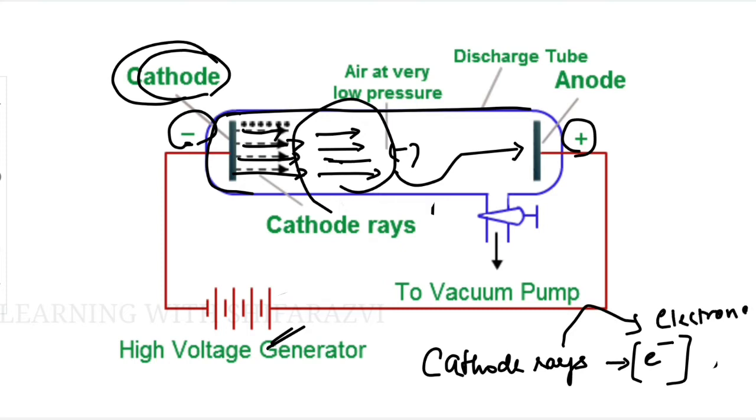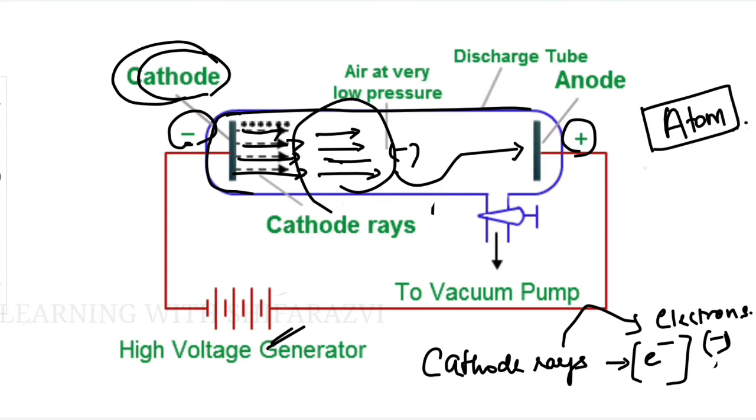So there came a new horizon for chemistry: the atom can further be divided into subatomic particles. So what are these subatomic particles? The electrons. And we know an atom is neutral. An atom does not have any charge.